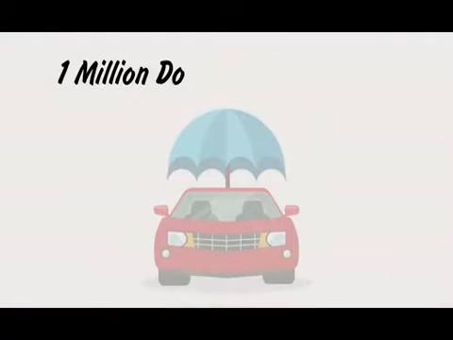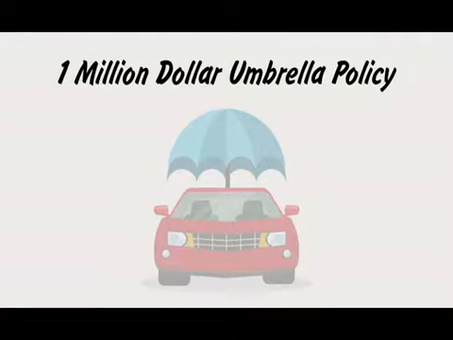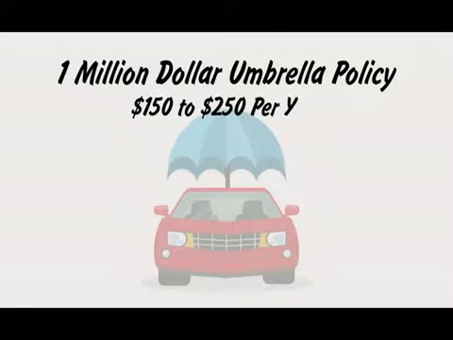These policies are typically sold in $1 million increments, although $1 million is a very common amount for a personal umbrella policy. Surprisingly, you can purchase a $1 million umbrella policy that you can add to your auto and homeowner's insurance for a total of approximately $150 to $250 per year. It is a very effective and inexpensive tool to help protect yourself.